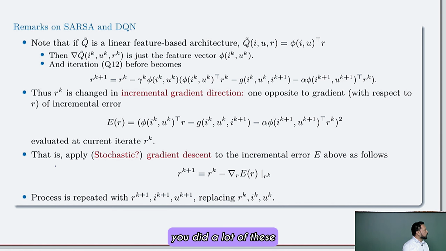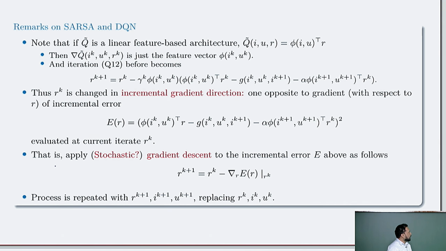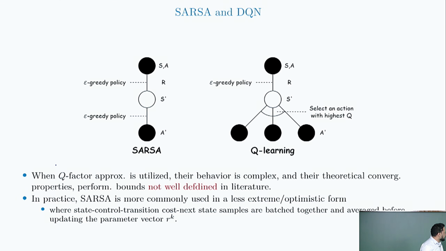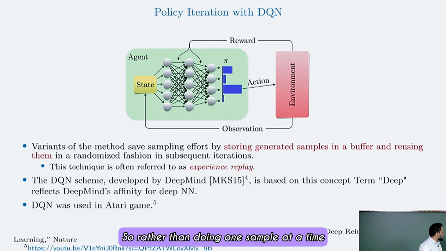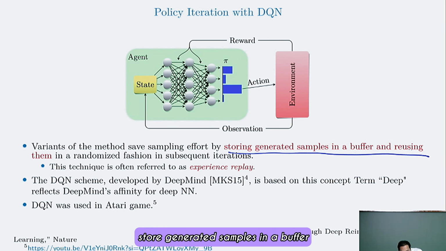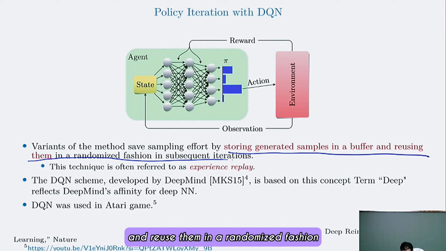You save these as data, and this is called experience replay. So rather than doing one sample at a time, store generated samples in a buffer and reuse them in a randomized fashion. So this is called experience replay.